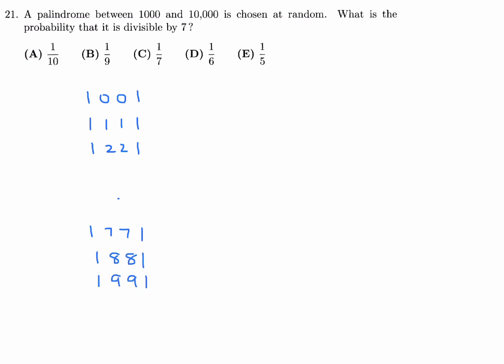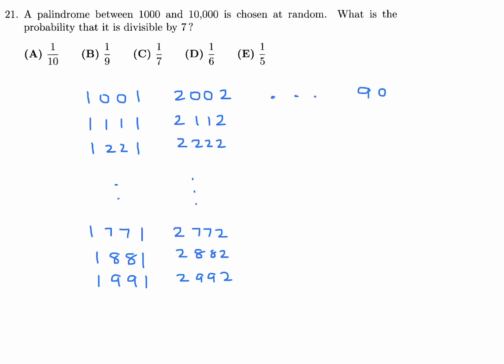Then we get into the next category, which is 2002, then 2112, 2222, and you just keep going like that, dot, dot, dot, until you get to 2772, 2882, and 2992. This just keeps going like this, and you get the idea. At the very end, it'll be 9002, and so on.